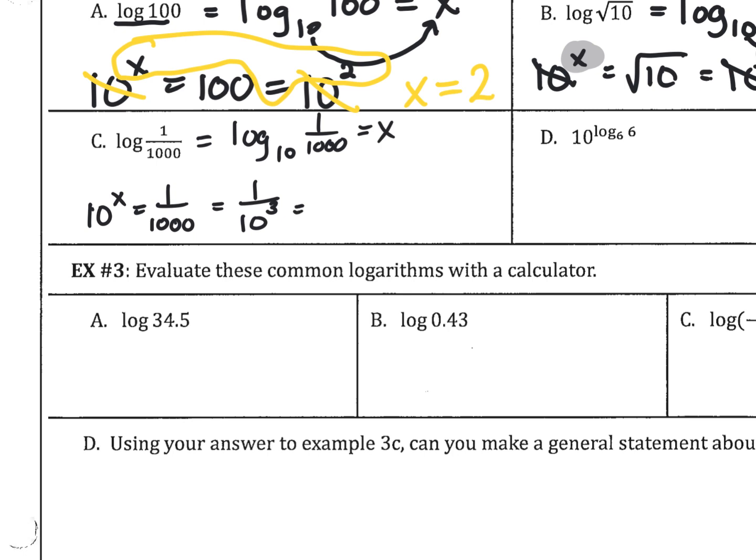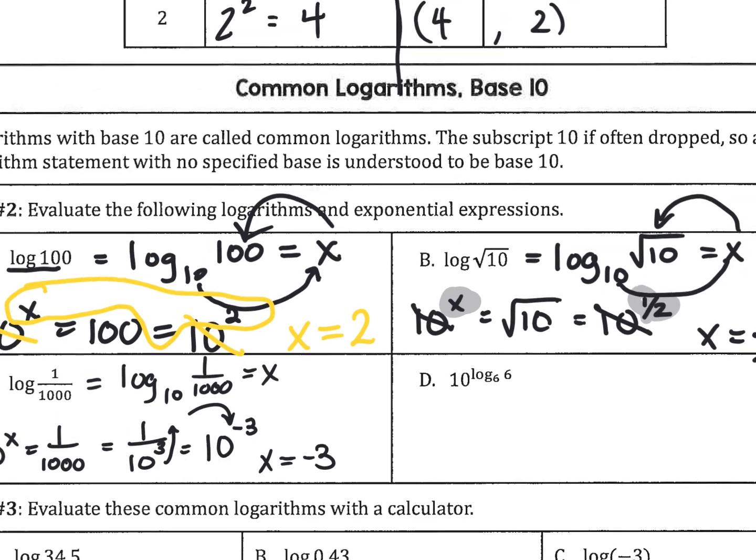Make the exponent negative, right? Remember your exponent rules from algebra 1. If it's in the bottom and it comes up, it becomes negative, doesn't it? So it would be -3. x equals -3, yes.